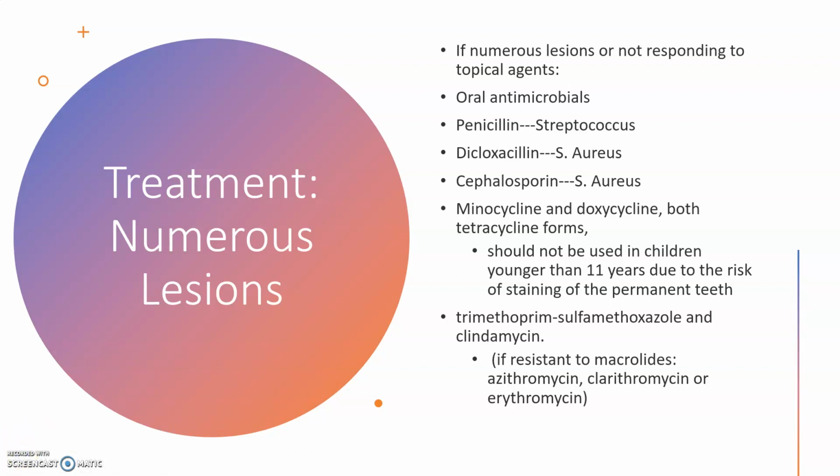Another medication that works on Staphylococcus aureus is dicloxacillin. In addition, remember that doxycycline and tetracycline should not be used in children younger than 11 years old due to the risk of staining of their permanent teeth.